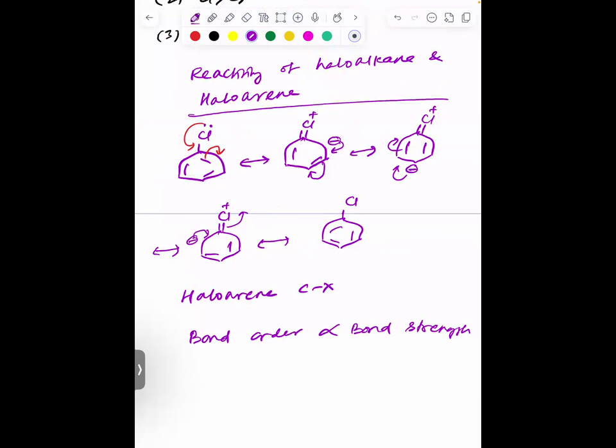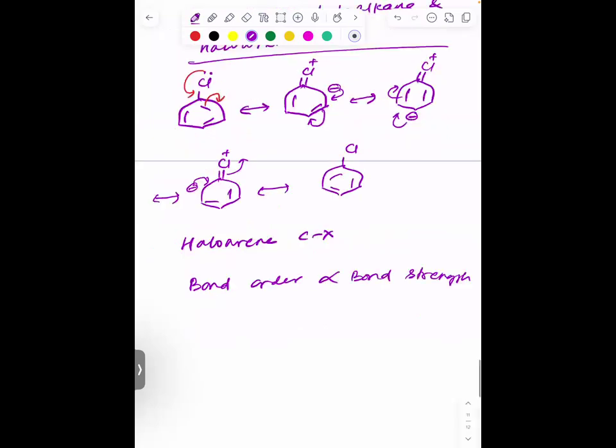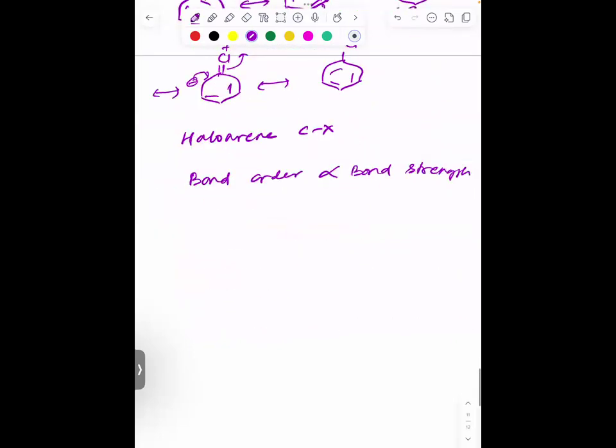That means it is more difficult to dissociate. If dissociation is difficult, then the reactivity decreases. So it has lesser reactivity as compared to haloalkane. Write down: haloarenes are less reactive.